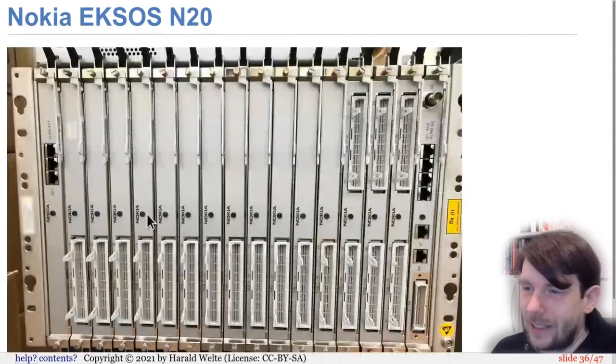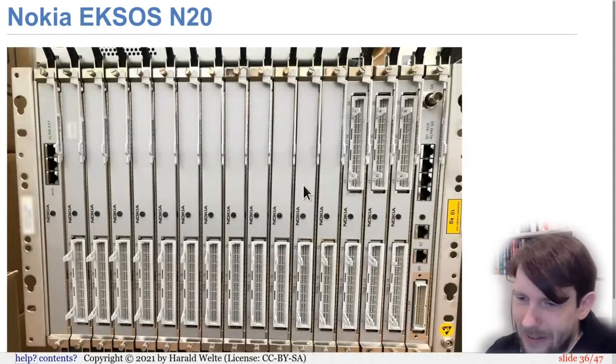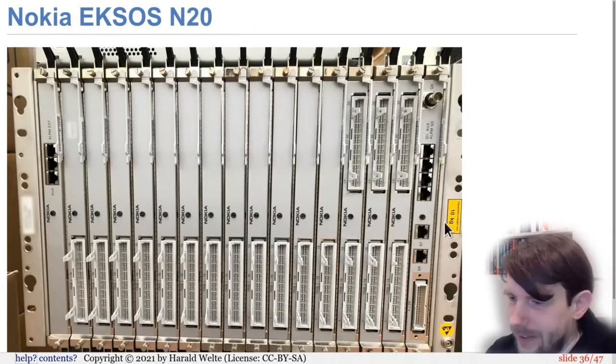This is how this looks. So it's a 19 or 21 inch mountable module. You have these 17 slots here. It's, I think, 7 or 8 U high. And we see here on the very right-hand side, we have the node control module on this connector at the bottom. I think there's some more slides where I can speak about the connectors. But this is the central processor.